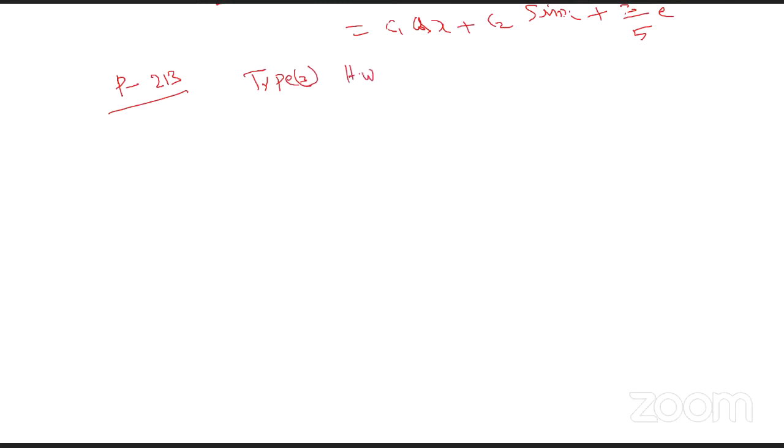And one example using this concept, page 213, example 10.3.9, do it as homework, important for 10 marks.